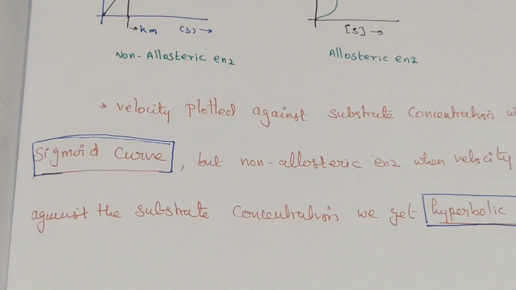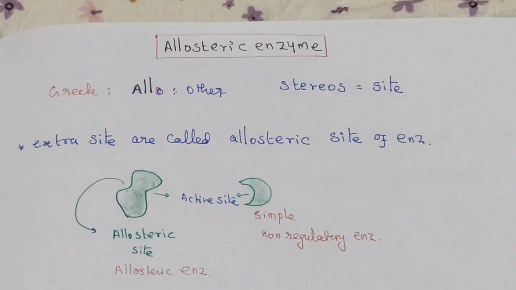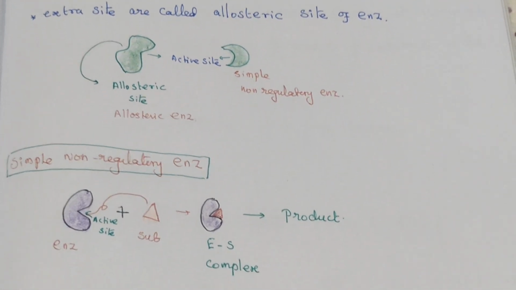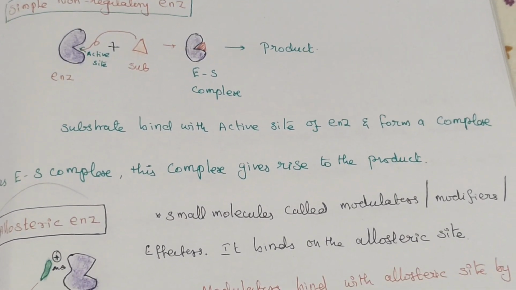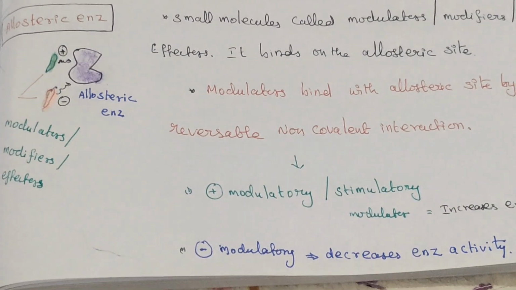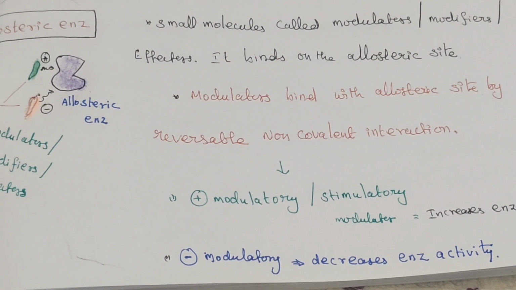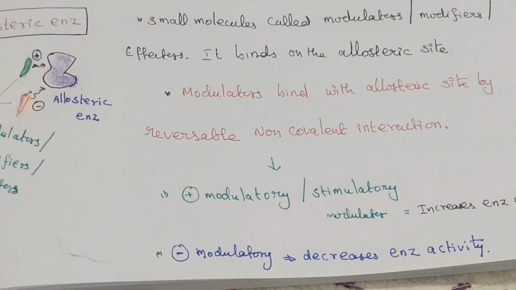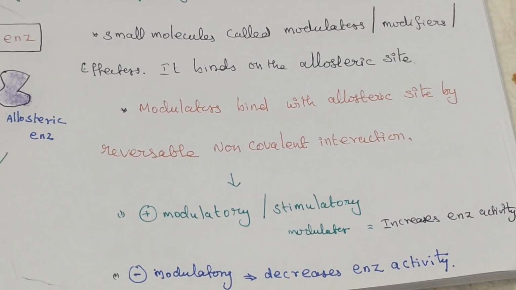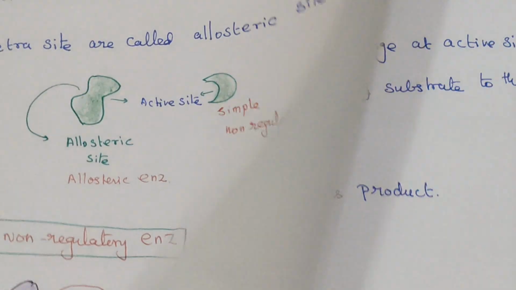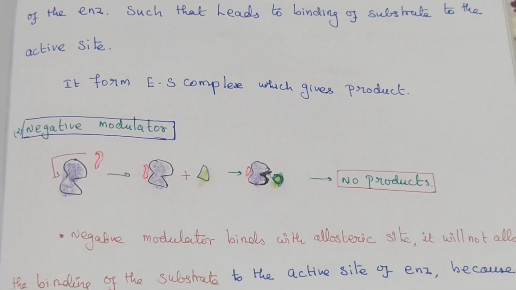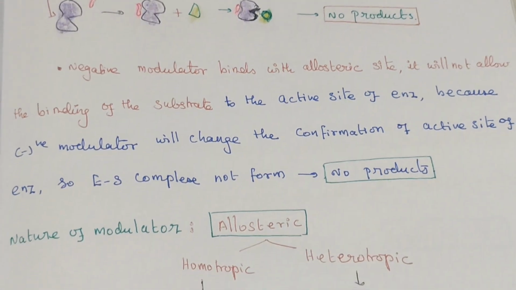So this is all about allosteric enzyme. This video discussed allosteric enzyme: what is the active site, what is the enzyme substrate complex, the positive modulatory effect, and second, the negative modulatory effect. Positive increases enzyme activity, negative decreases enzyme activity. The positive one produces product, the negative modulator gives no product.